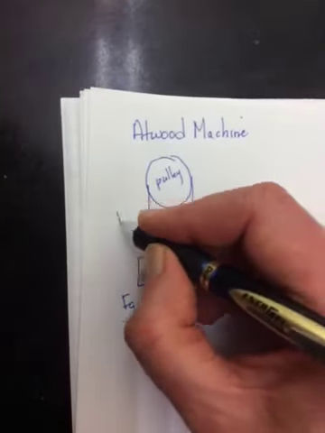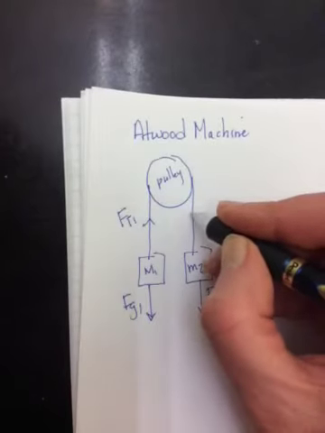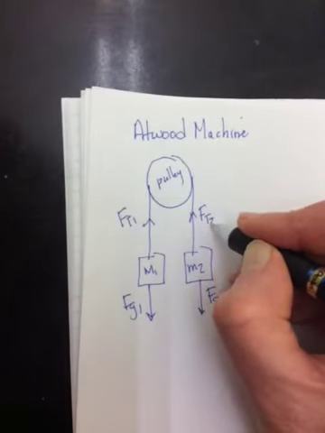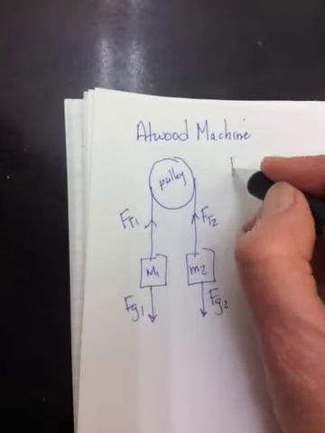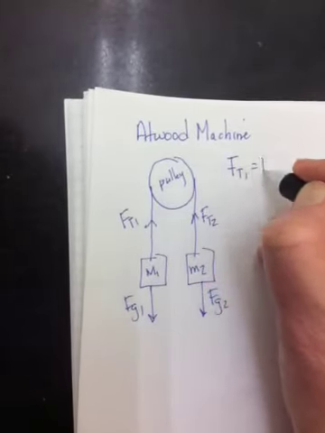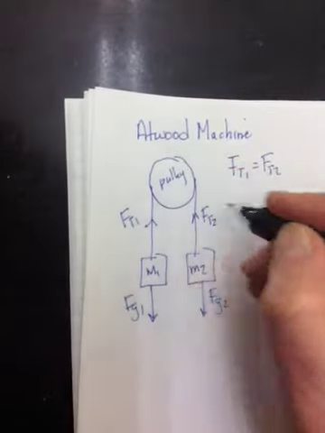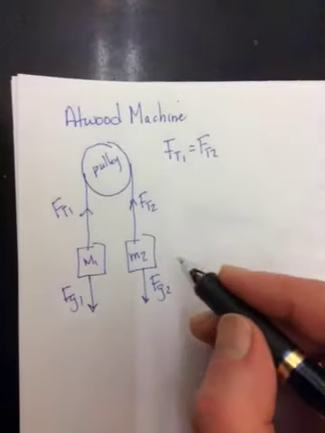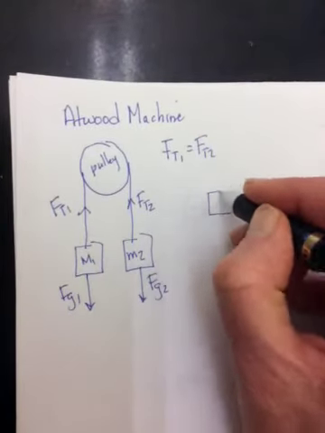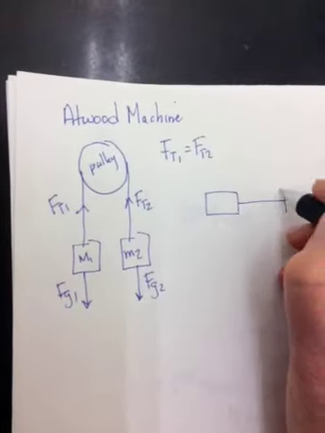Now there is an FT1 acting up here and an FT2 acting up here, but remember all the pulley does is change the direction of the force. So FT1 will be equal to FT2, right? They're just opposite. Equal in magnitude but opposite in direction. We could draw this system like this.